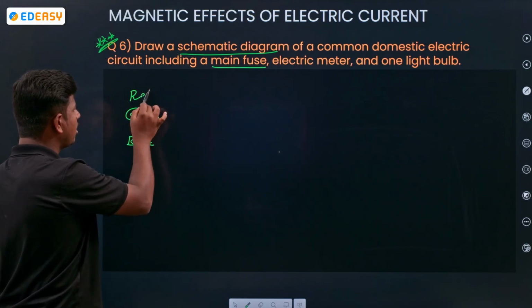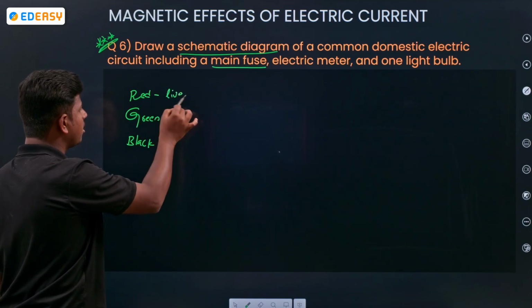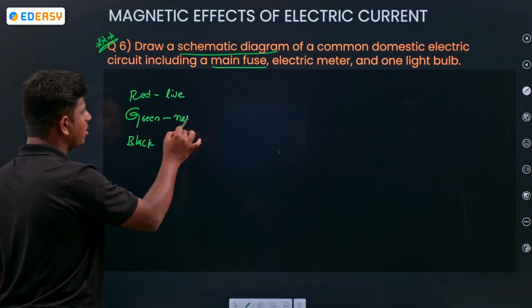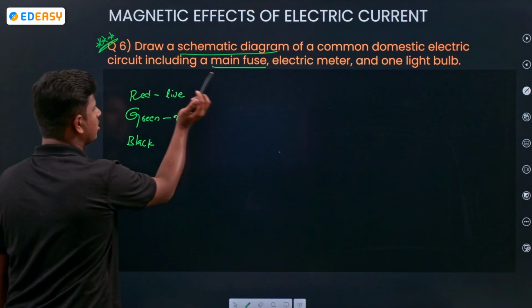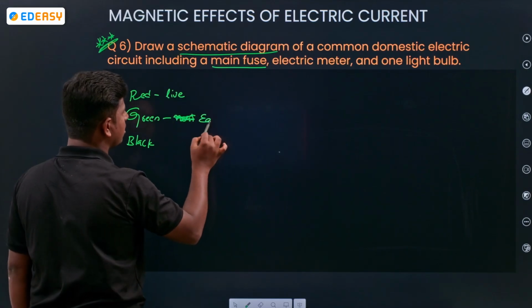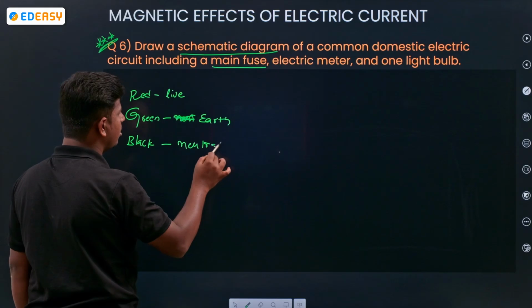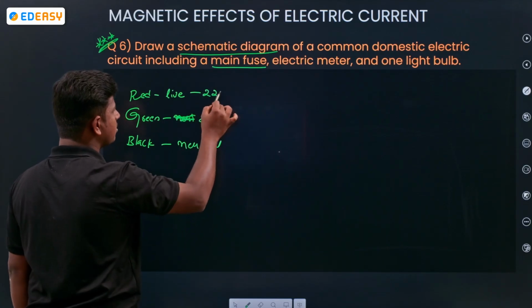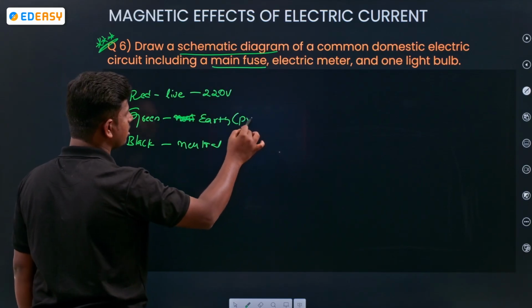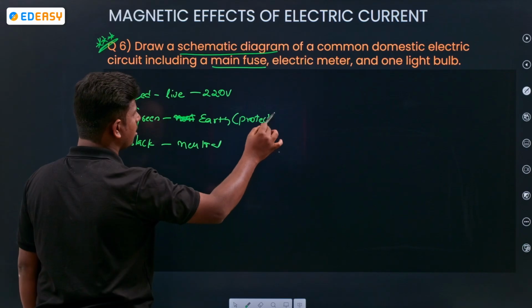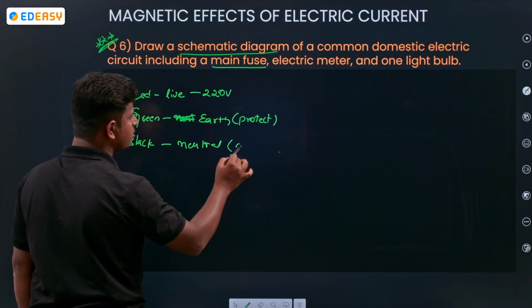Red is the live wire, green is earth, black is neutral. Live wire 220 volts, earth for protection. Okay, neutral wire 0 voltage.